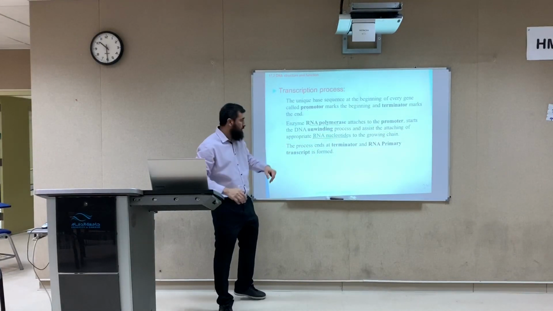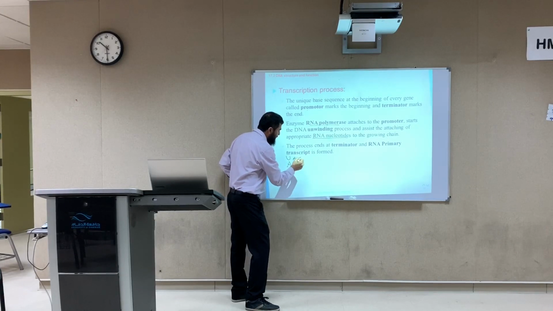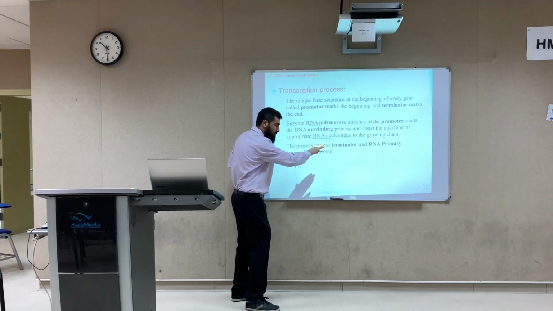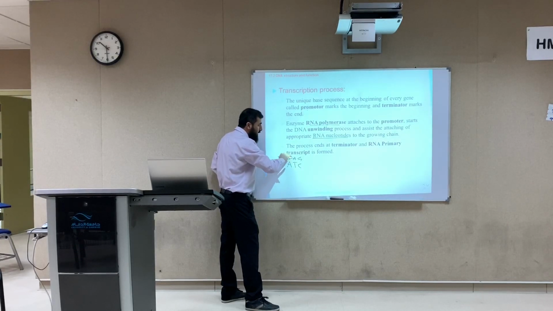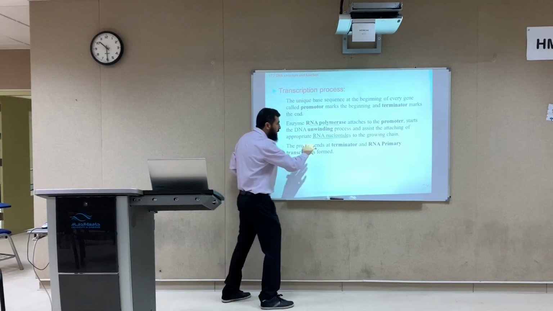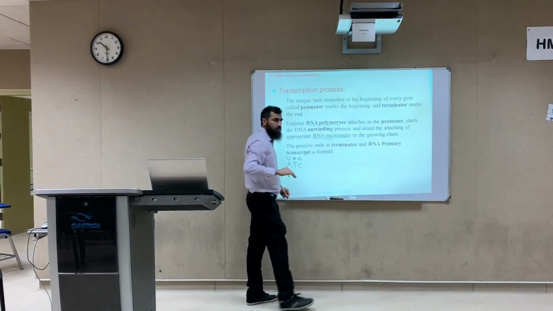So remember that when we have A, you get U. If you have T, you get A. Then if you have C, you get G, and so on, okay? So the RNA polymerase will start adding the RNA nucleotides and create an RNA molecule.